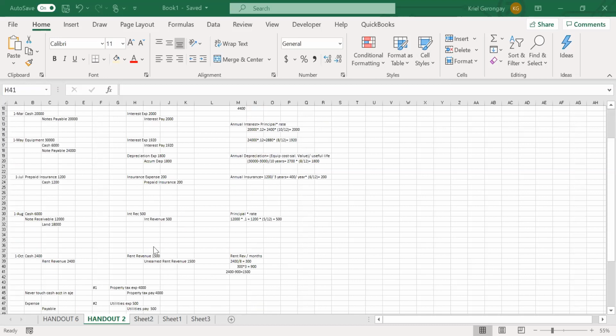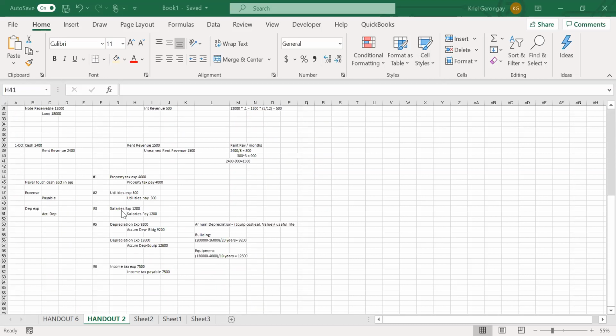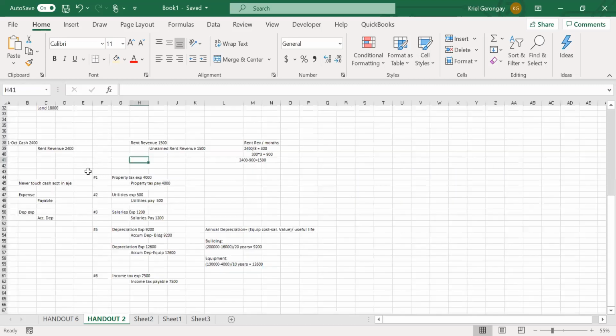So for the bottom section, this is actually what we did first earlier. You're referring to the additional information, right? Why is it important? Because as we've done the adjusting journal entries, we haven't really come back to it. We actually did it first.